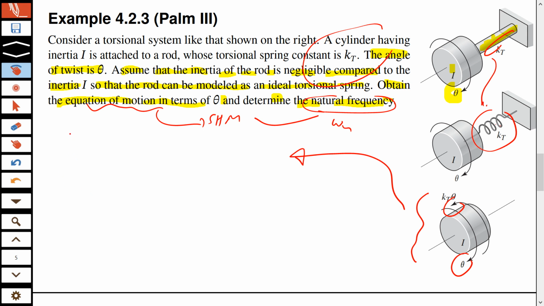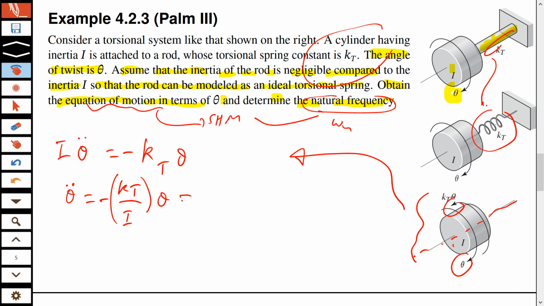So we can now write the moment equation about the axis. If it's about the axis, then I is also about the axis. So I times theta double dot will give me minus kt times theta, because this is the only opposing, minus sign moment. If I now divide both sides by I, the inertia, it will be minus kt divided by I times theta.